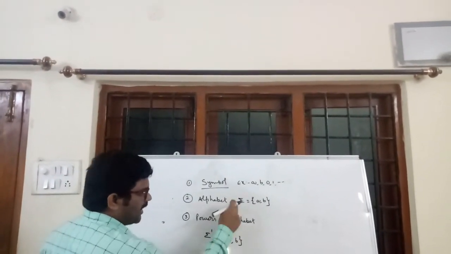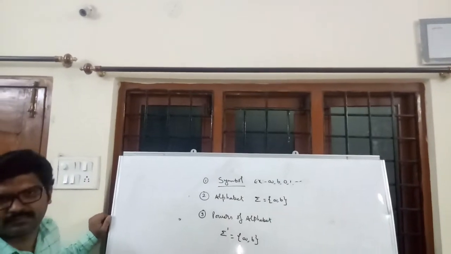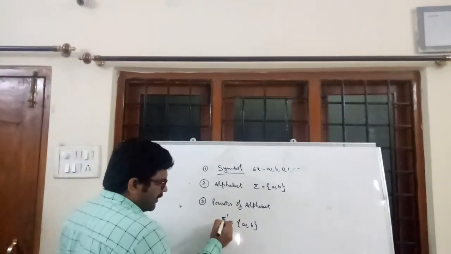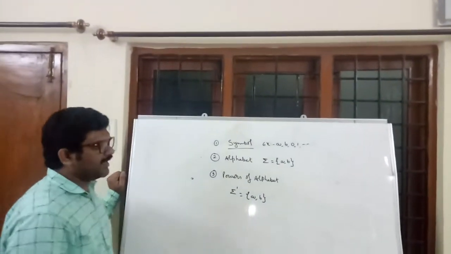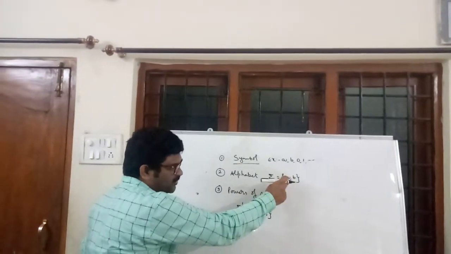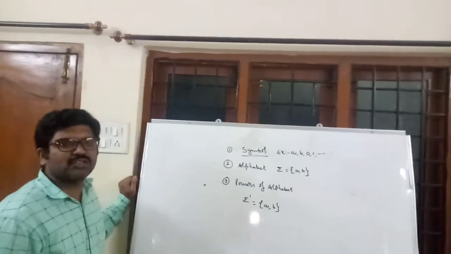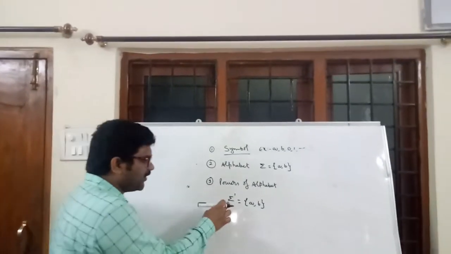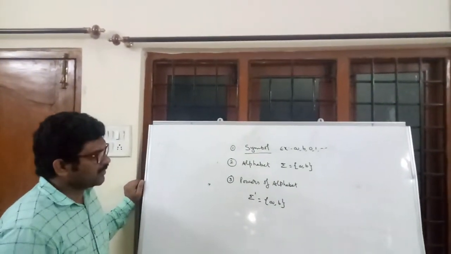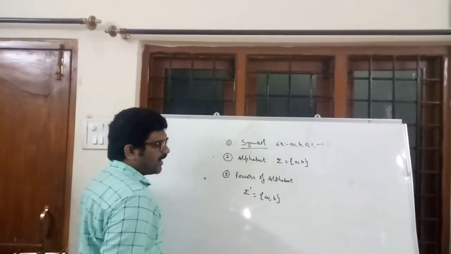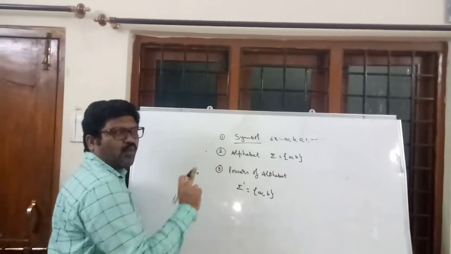If you write sigma or sigma power 1, both are the same. Sigma power 1 is nothing but strings of length 1 over that alphabet, and that's the reason we call it powers of alphabet.